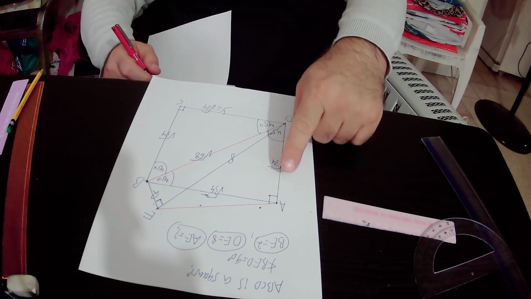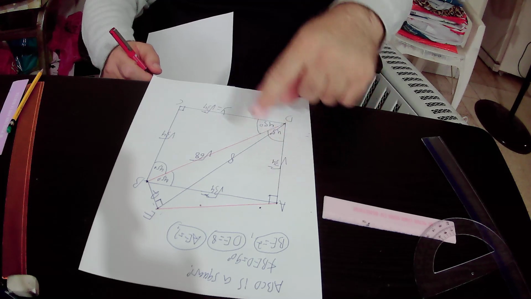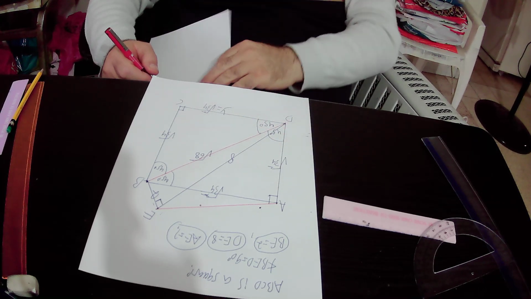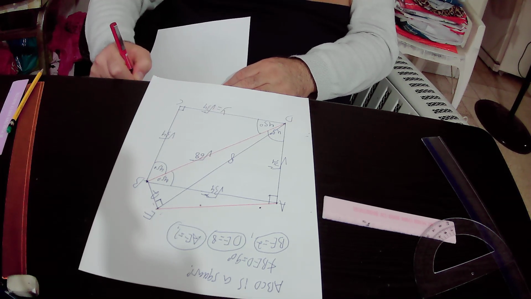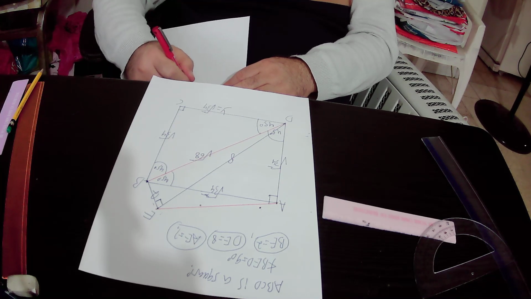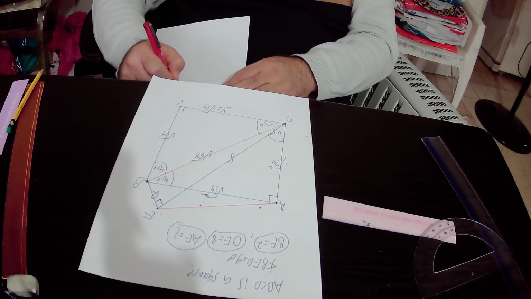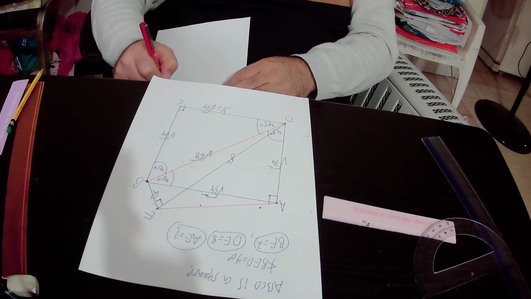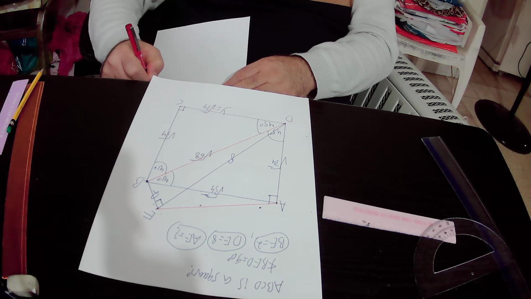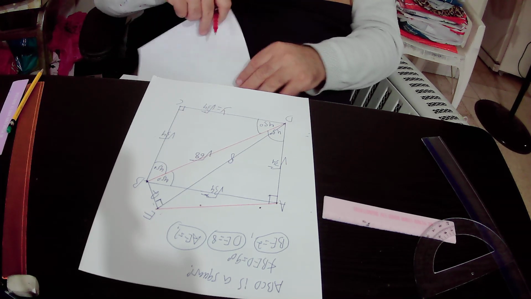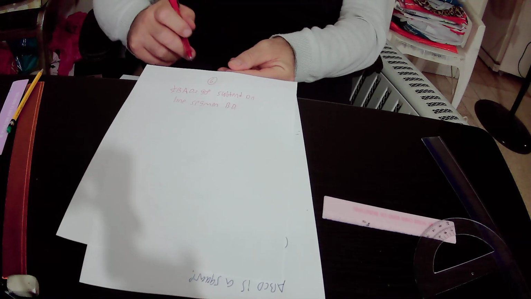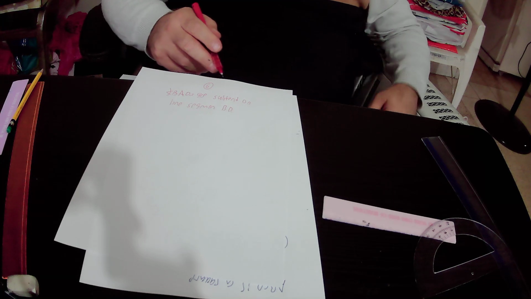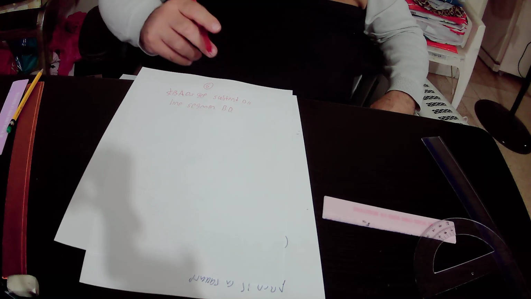This angle subtends on line segment BD. I will repeat again, angle BAD is equal to 90 degrees, subtending on line segment BD.